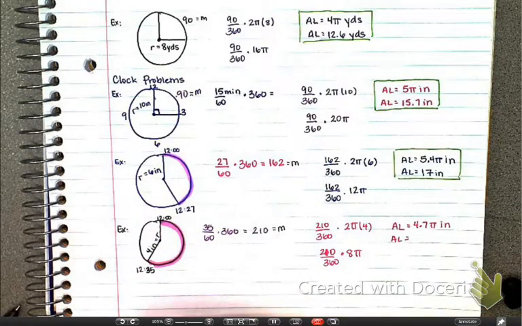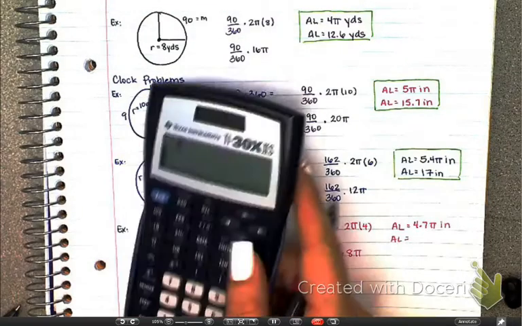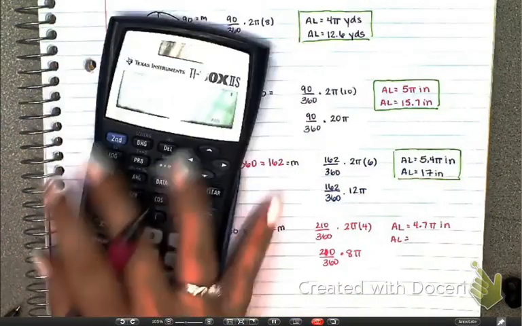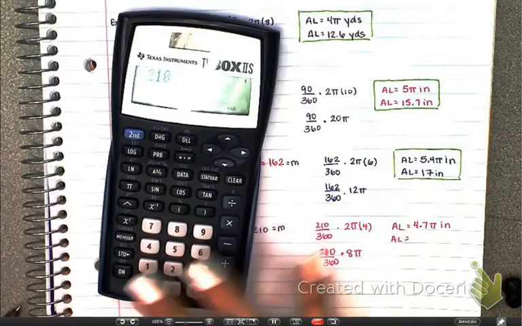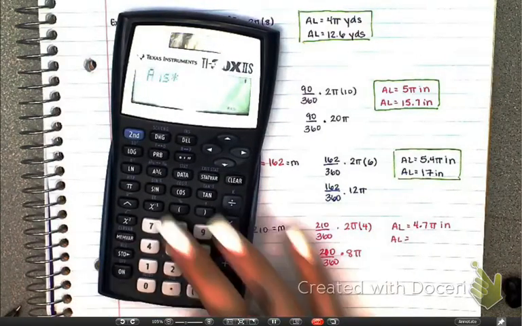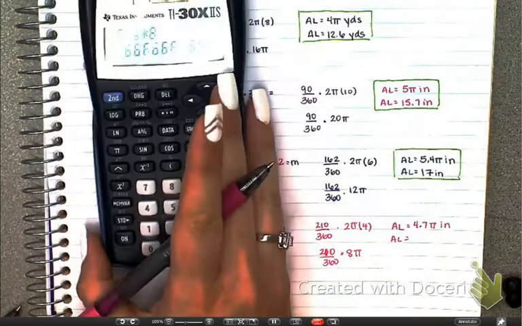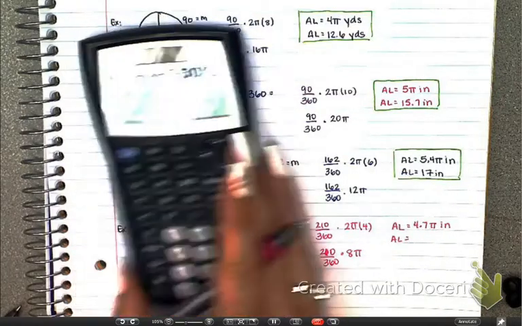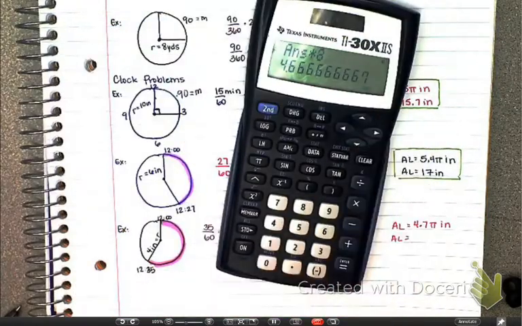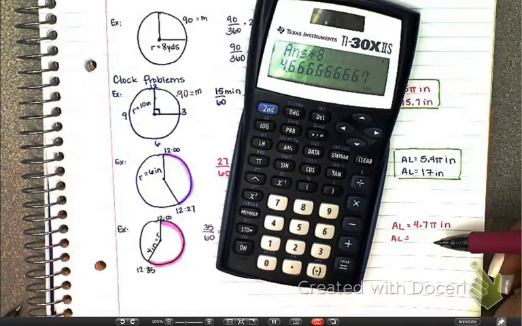If I plugged in real quick 210 divided by 360 times 8, I get 4.666 all the way to 7. So I rounded that to 4.7 pi.